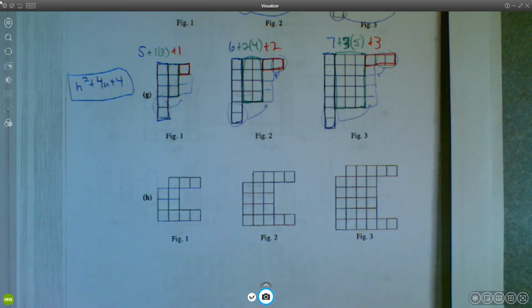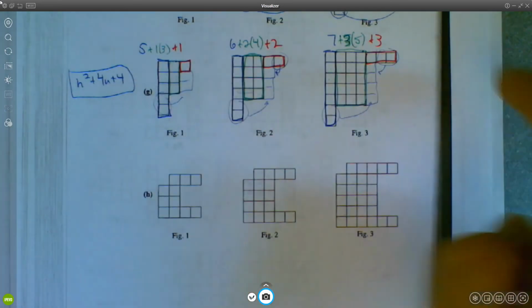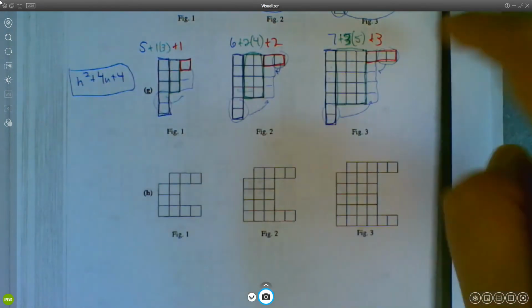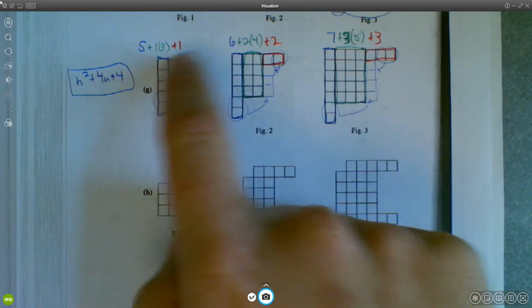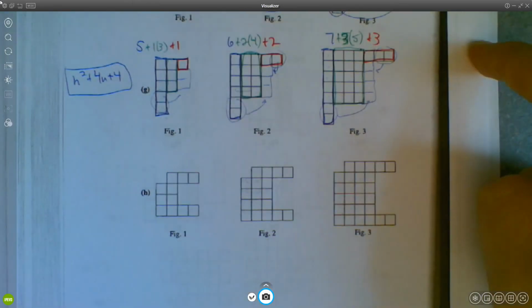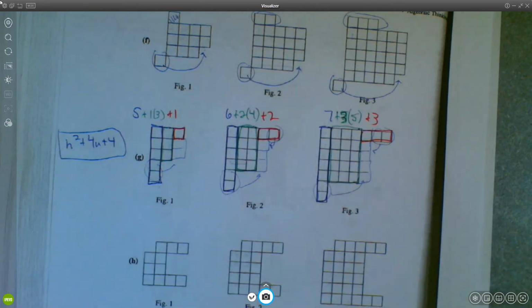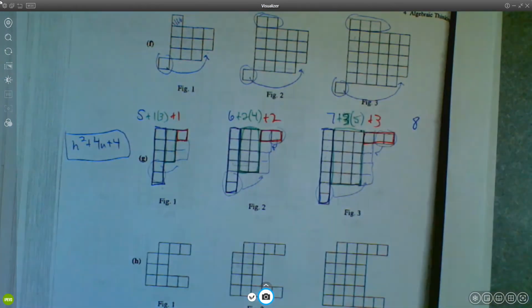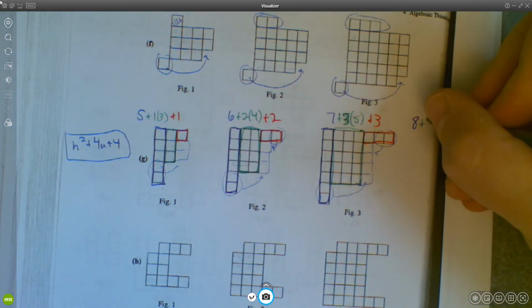Then you can guess figure 4 is going to be, well, it's going 5, 6, 7, so figure 4 is going to be 8 plus 1, 2, 3, 4 times 3, 4, 5, 6 plus 1, 2, 3, 4. So for figure 4, you can extrapolate and say it's going to be 8 plus 4 times 6 plus 4.